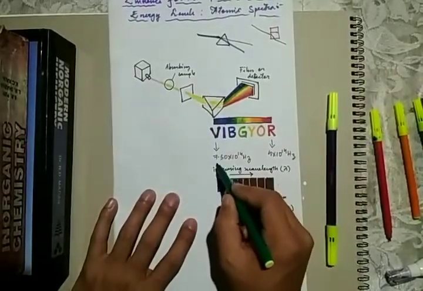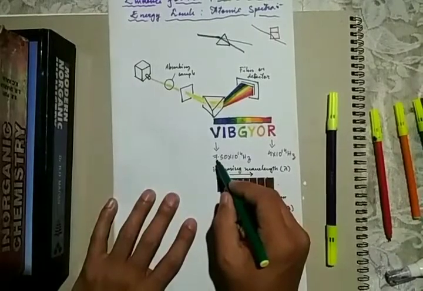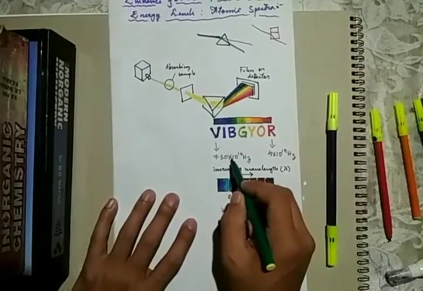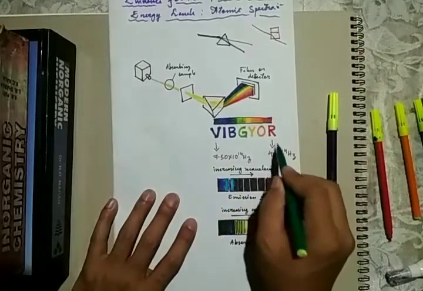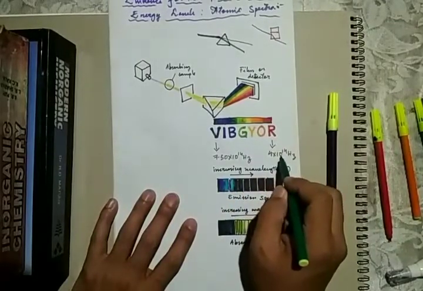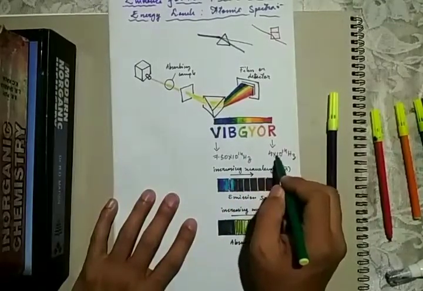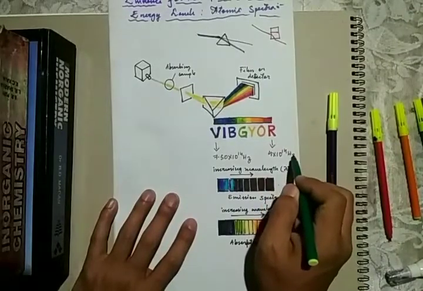For violet, the frequency is 7.50 into 10 to the power 14 hertz, and for red, 4 into 10 to the power 14 hertz.